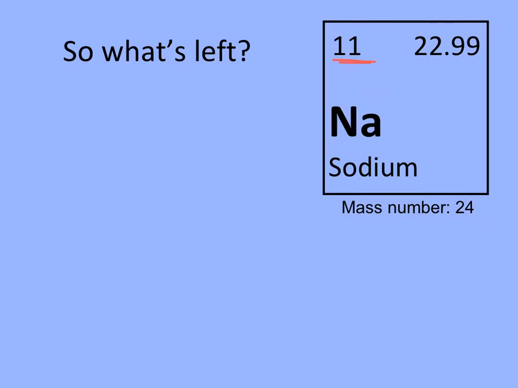But what's left? We need to know how many neutrons there are. So in order to figure that out, we've got to do a little bit of calculation. Okay, and it's a pretty simple idea. We take the mass number and we subtract the atomic number, and that will give us the number of neutrons.